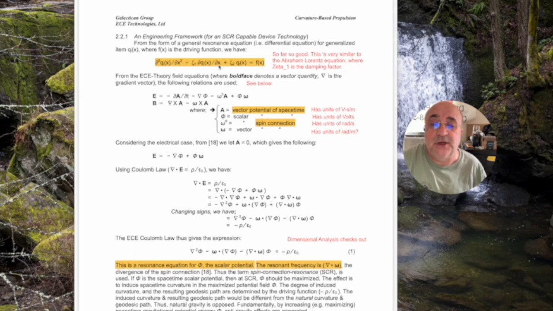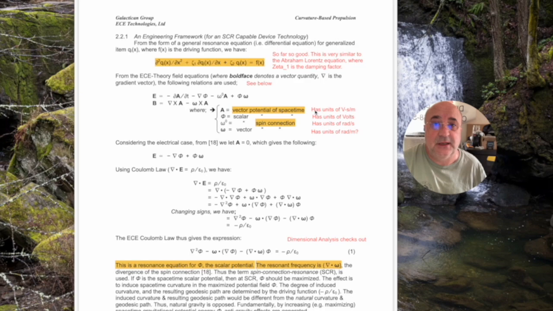He doesn't say what it is, but we'll assume it's the electric field, is minus dA/dt minus the gradient of phi minus omega 0 A plus phi omega. And B, being the magnetic field, magnetic flux density, I should say, is the curl of A minus omega cross A, where A he calls the vector potential of spacetime.